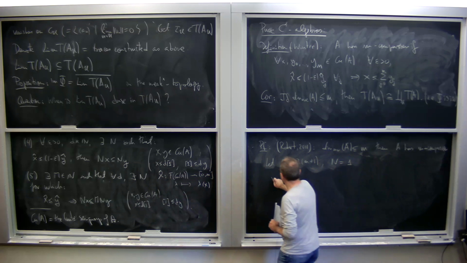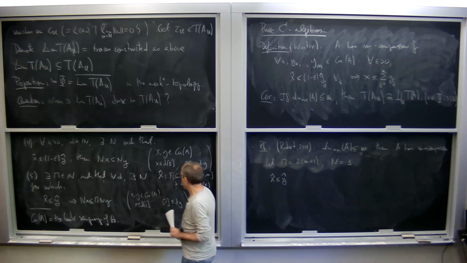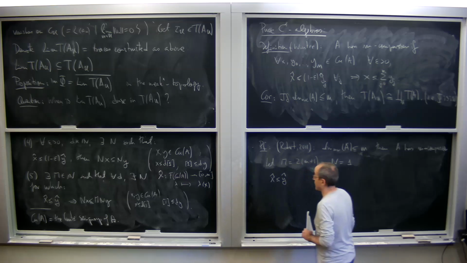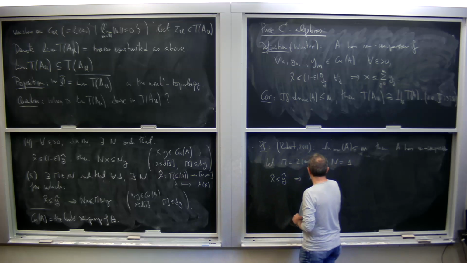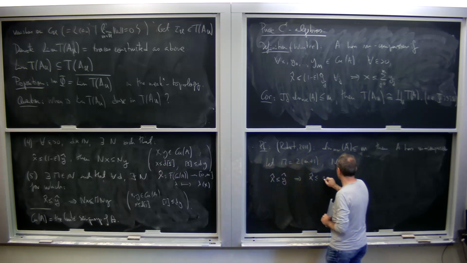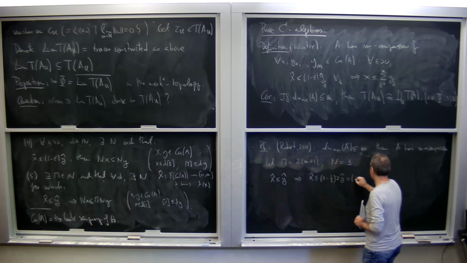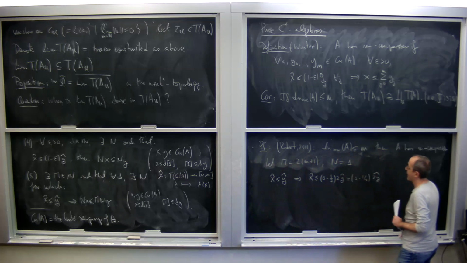Now, if X hat is less than or equal to Y hat, taking these elements here, though that's not so relevant for this argument, then we can write this as 1 minus a half times 2, which is 1 minus a half times this.